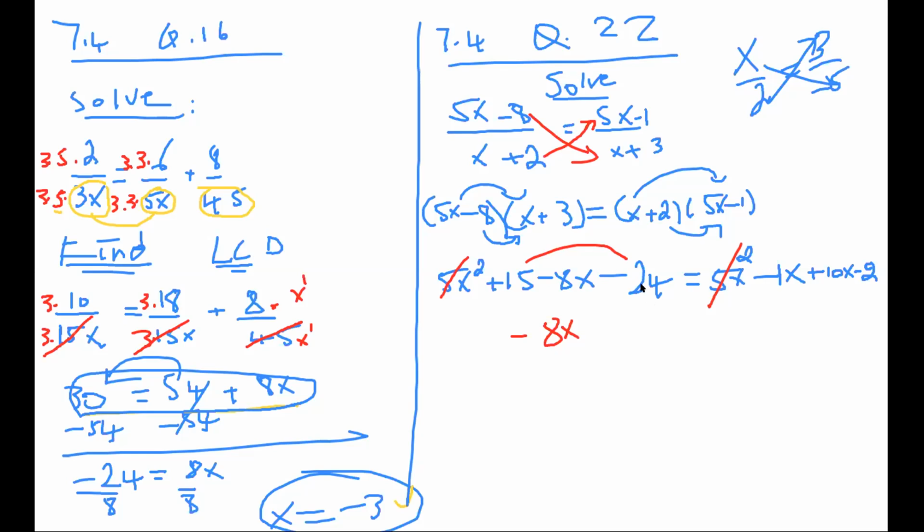Negative 1x, yeah. So we have 15 minus 24. The sign of the higher number is negative. What is 15 minus 24? Negative 9. Positive 15 minus 24 is negative 9.